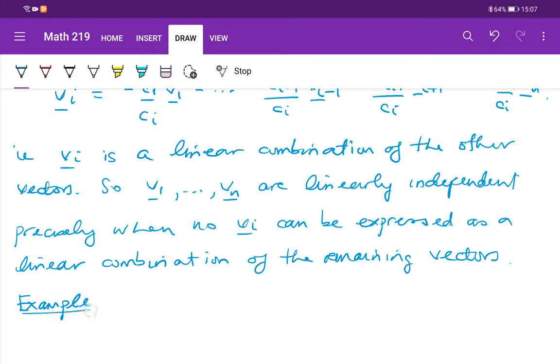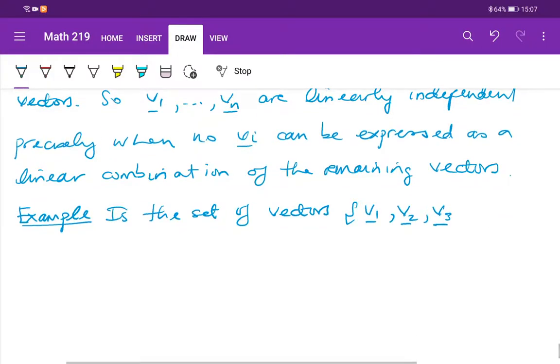So for an example, let's say we have a set of vectors. Maybe I should write these out in full for you.